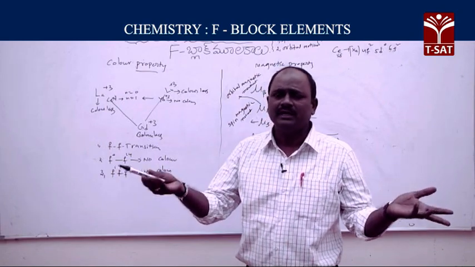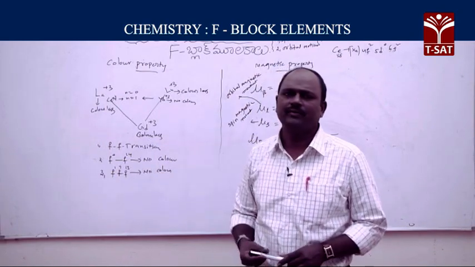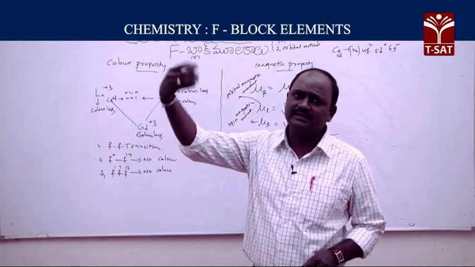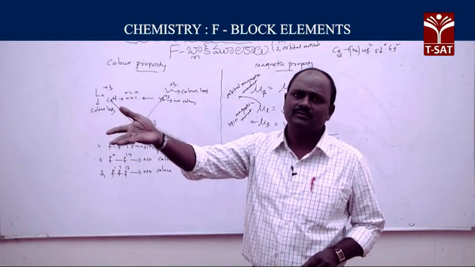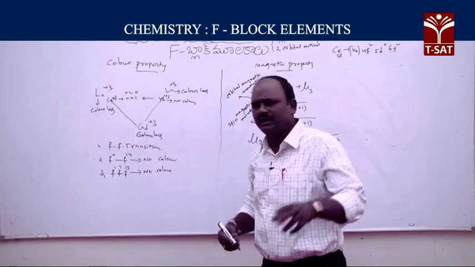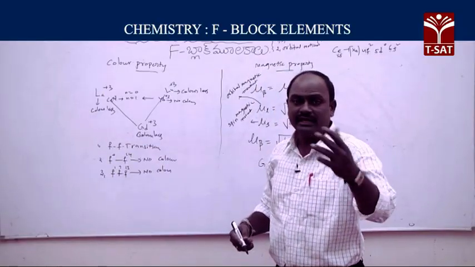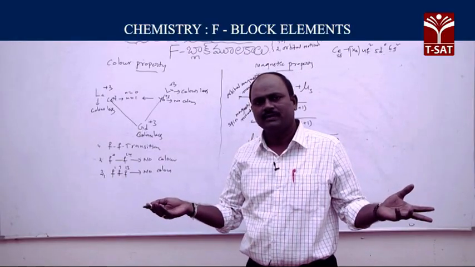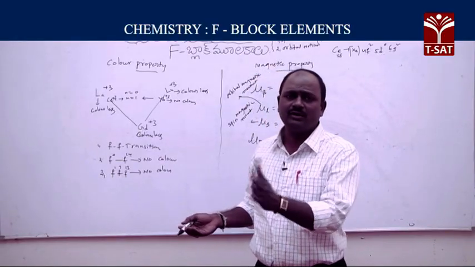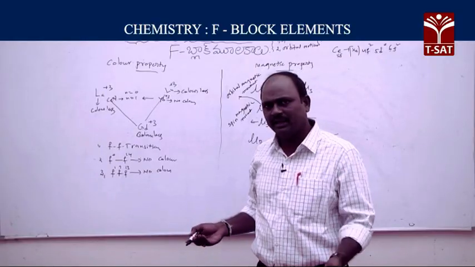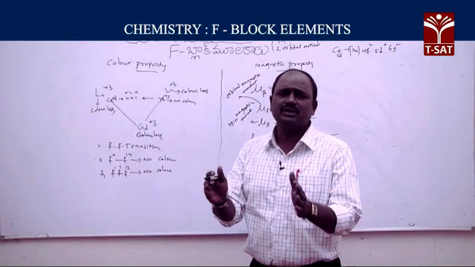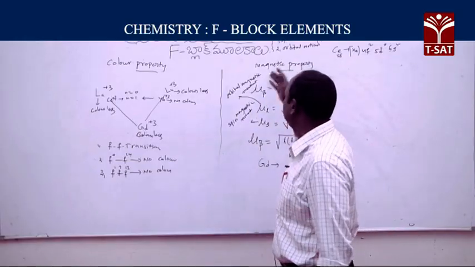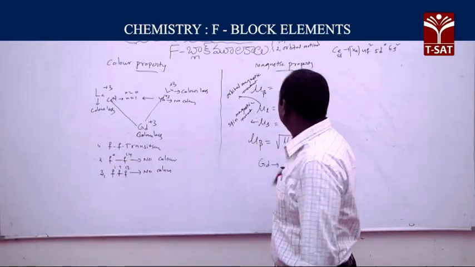Normally in the transition elements, when the ions contain unpaired electrons, they exhibit paramagnetic property. Paired electrons or no electrons give diamagnetic property. Here also, in case of inner transition elements, the same knowledge can be applied.